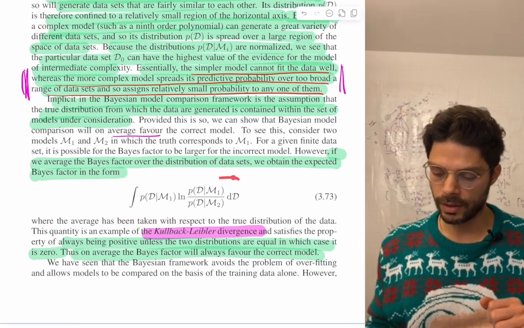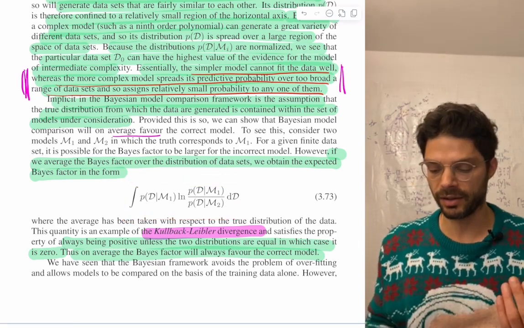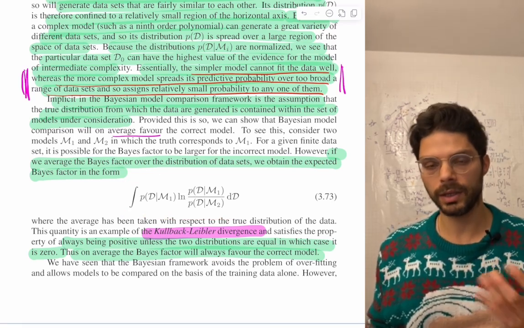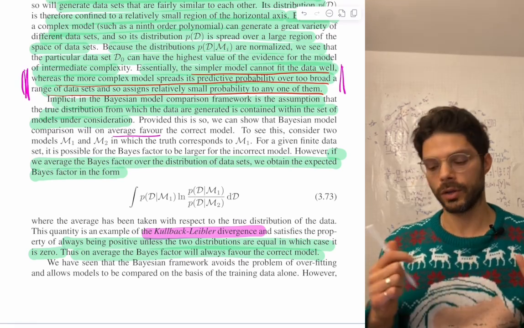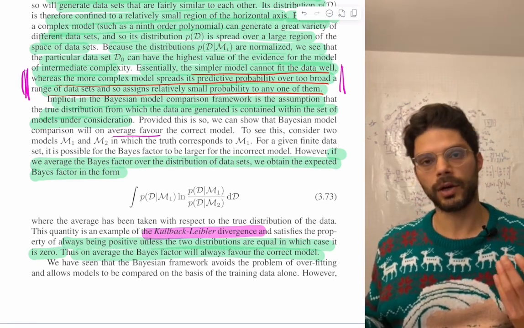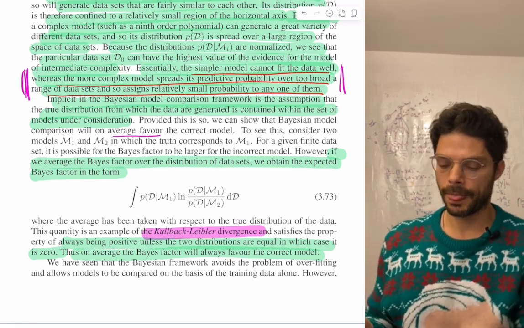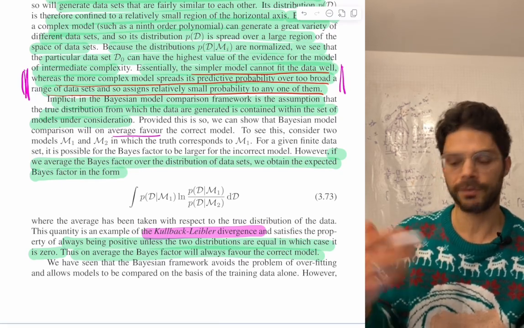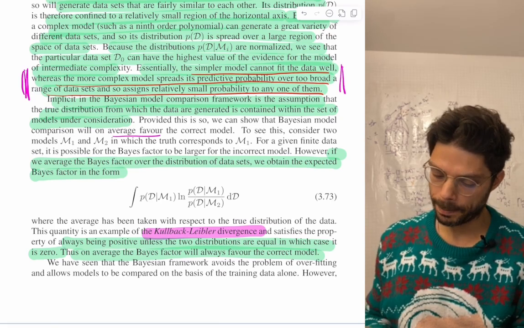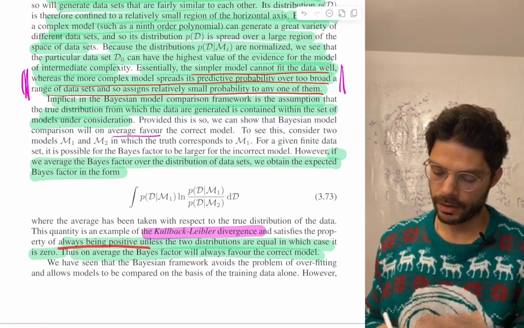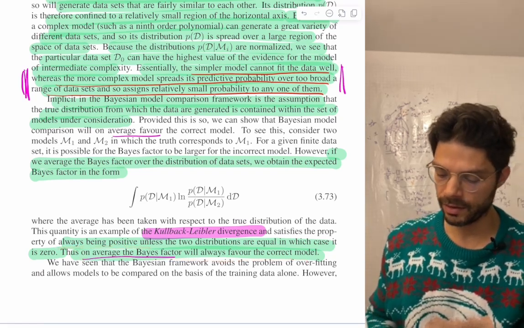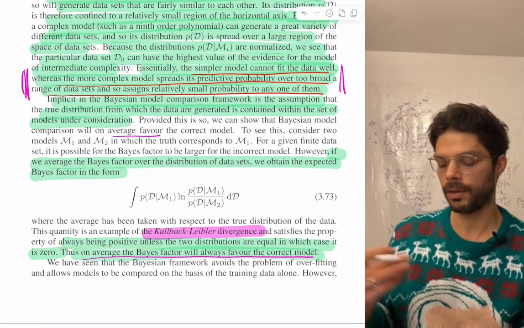So on average, if you average over the data sets, the Bayes factor for the correct model will be larger, which indicates that the data is going to be more likely under the correct model on average over all data sets. Thus on average the Bayes factor will always favor the correct model. Again, not necessarily on any given data set, but on average.